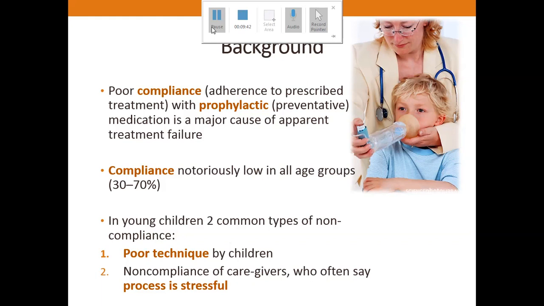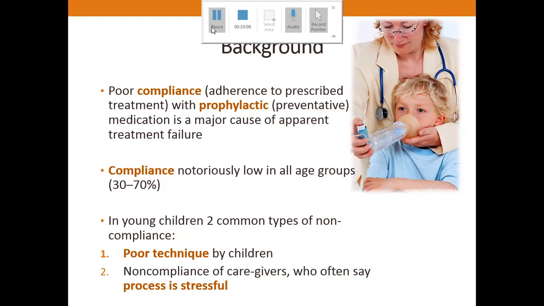Compliance is notoriously low in all age groups. So it's about 30 to 70% in children. And there's a couple of reasons for this. In young children particularly, you could say that it's poor technique.